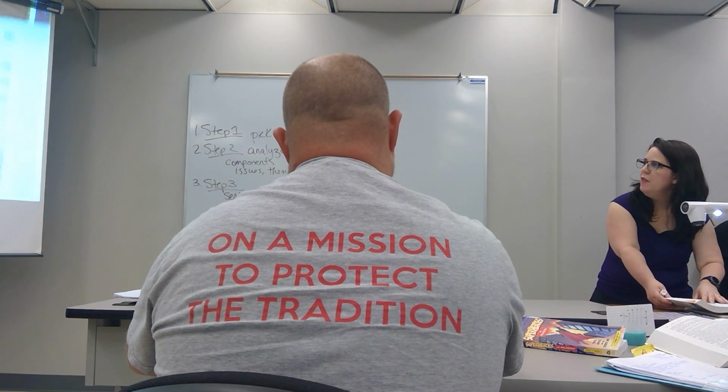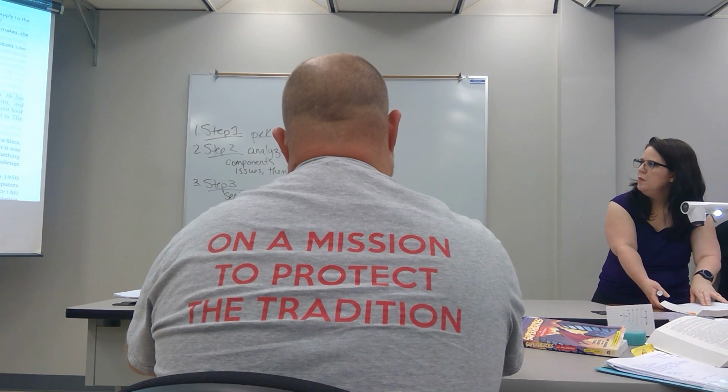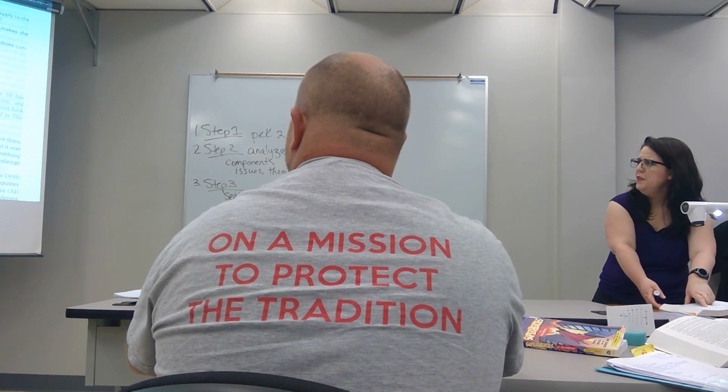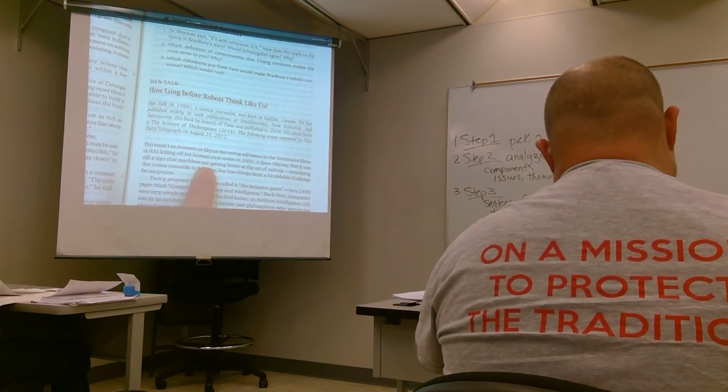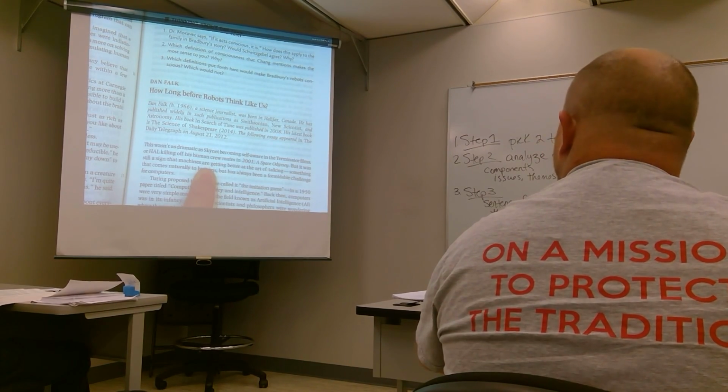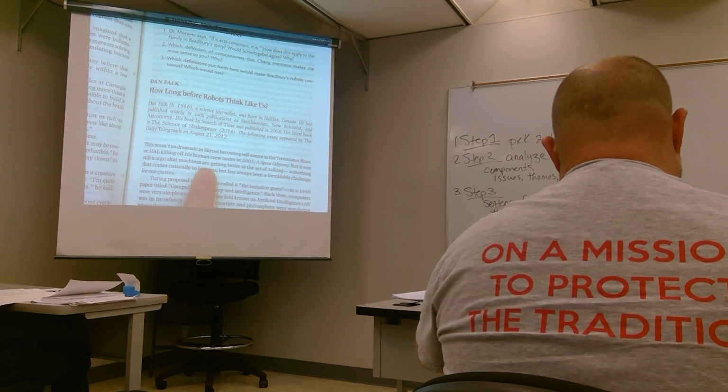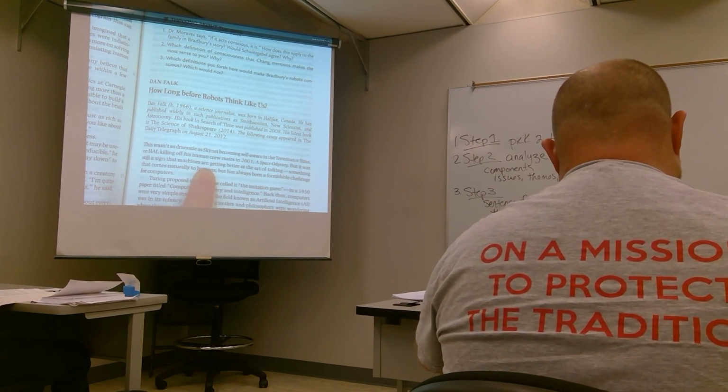Then you move into Dan Falk's, how long before robots think like us? And it opens with the Terminator films. It moves into A Space Odyssey. I mean, how fitting is that? How the computer kills off his crewmates, right?